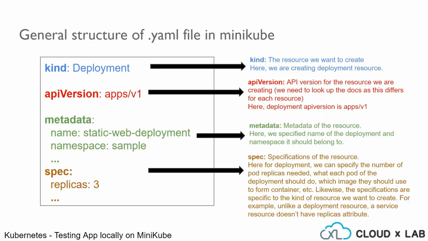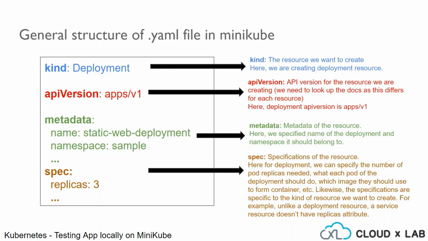Now let us have a look at the general structure of the YAML files used to configure these Kubernetes components. Kind is a keyword used to mention the resource that we want to create. Here, we are creating a deployment resource. The apiVersion keyword is used to mention the API version of the resource we are creating.